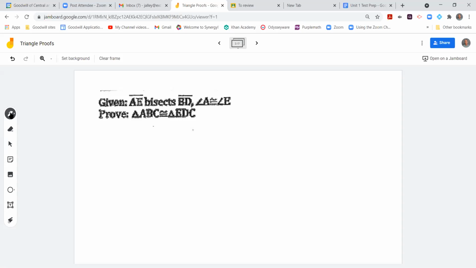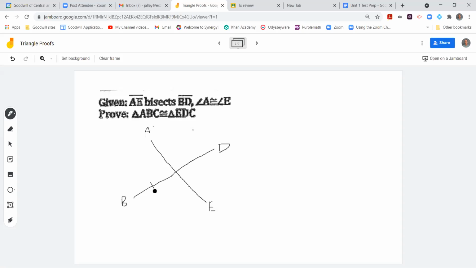Since I can't draw straight lines with this thing, let's call that AE. AE bisects BD. So there's B and D. What do I know about this automatically?